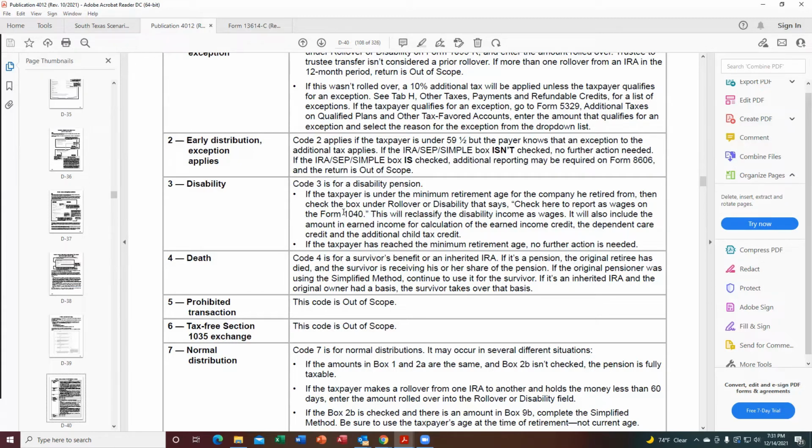Okay, so which means he's in that bullet, because he has not met the retirement age, because the other thing we need to look at is when was he born and how old is he? That's the other question. How old is he?